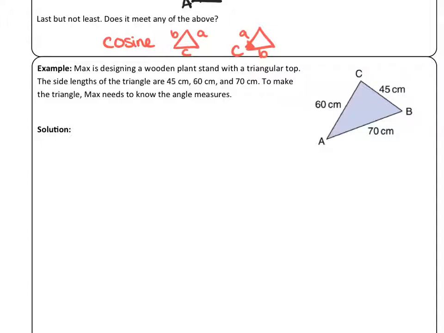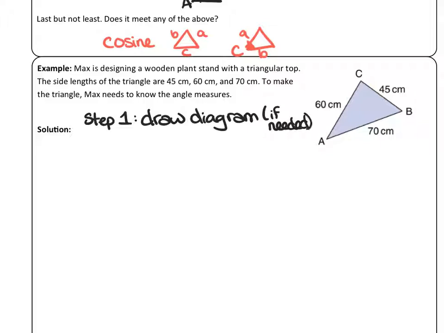Sometimes you're not going to get the diagram. So if you don't have the diagram, the first thing you're going to do, step 1, is always draw the diagram if you need to. It's really hard to do trigonometry without at least drawing a little bit of a diagram. So I'm going to write if needed.